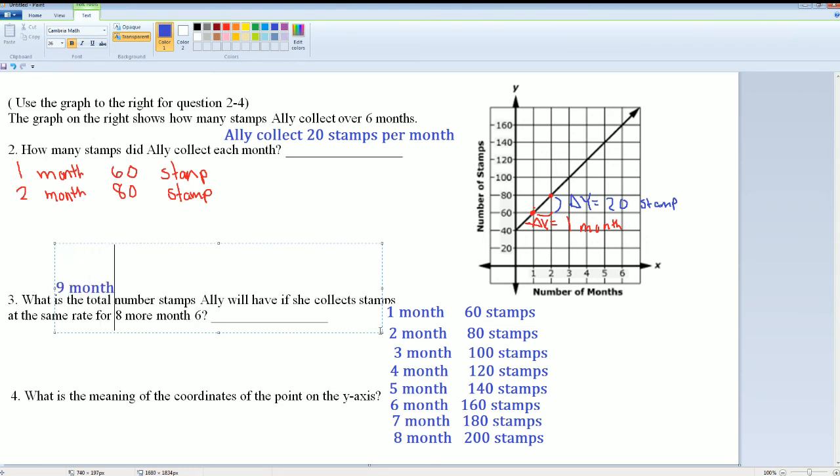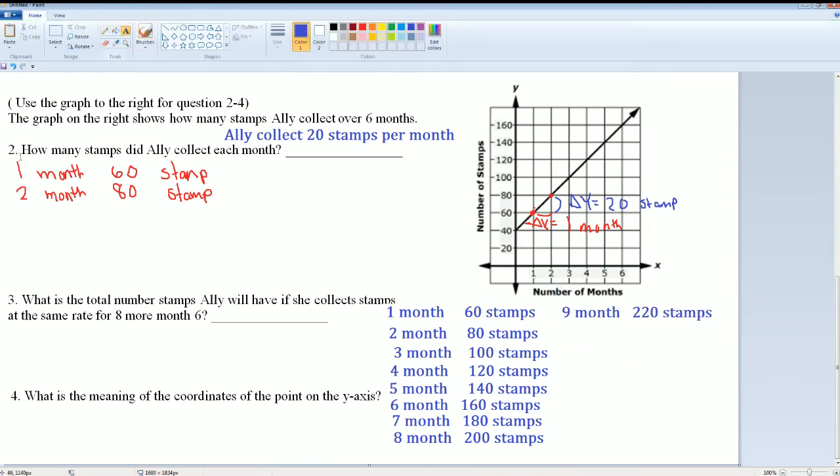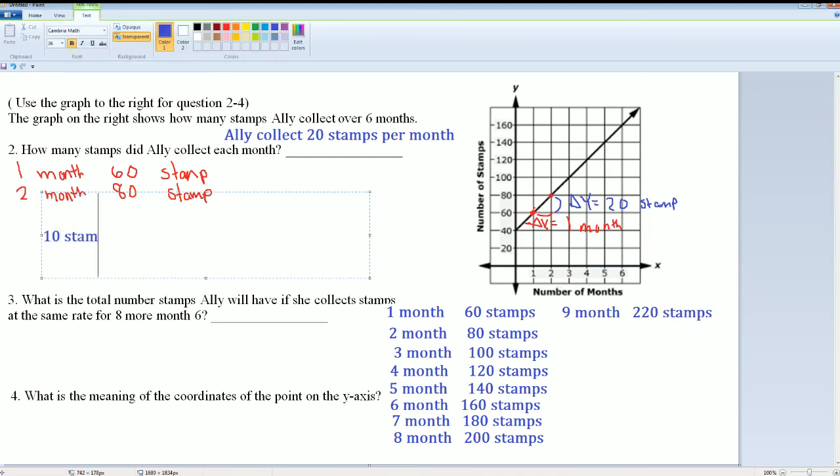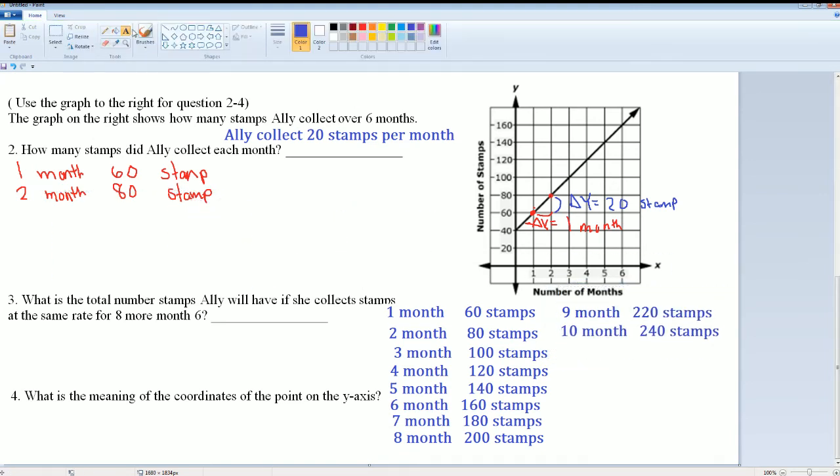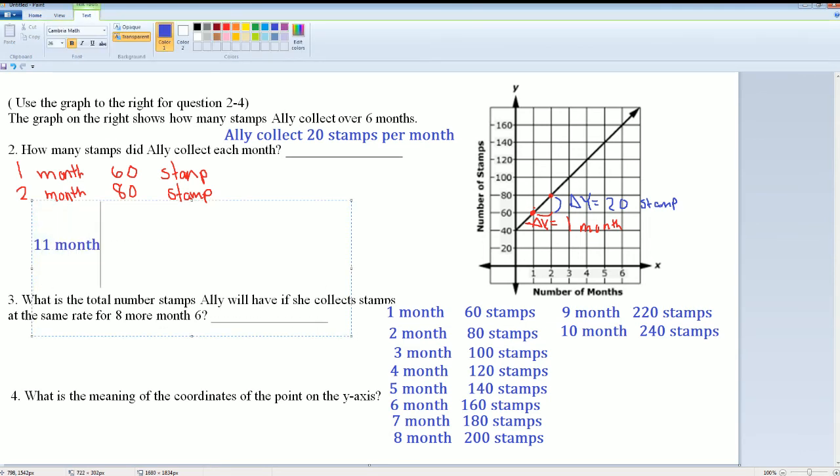So 9 months, 220 stamps. 10 months would be 240 stamps. Keep going. What about the 11th month? 260. Maybe some of you know a shortcut. I'm doing it longhand.